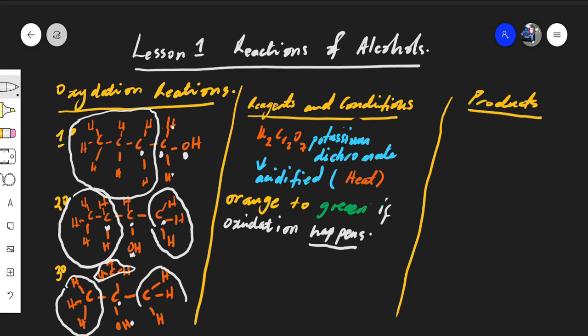So we've got three alkyl groups. Or you can say it is an OH group bonded to a carbon, and this carbon is bonded to three other carbons. That is a tertiary alcohol.